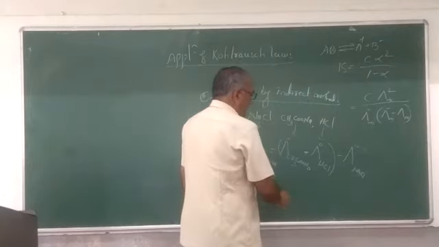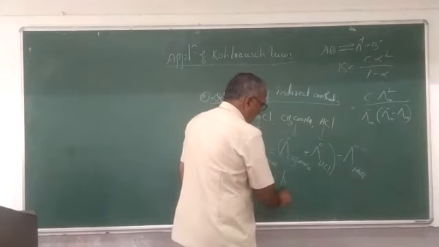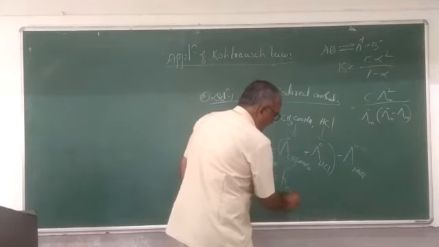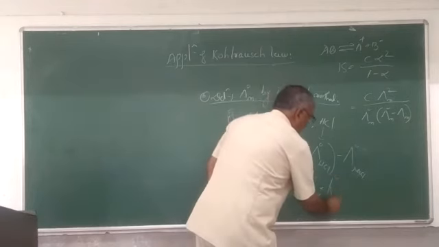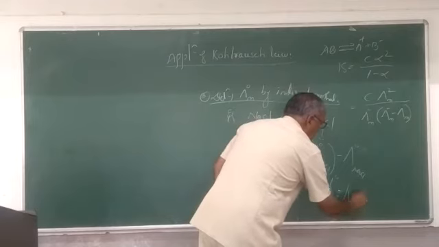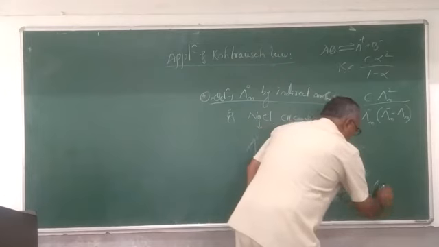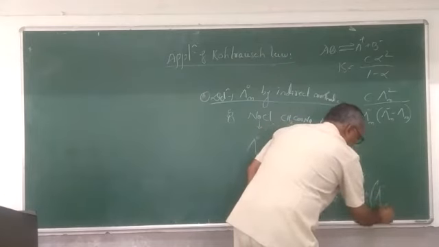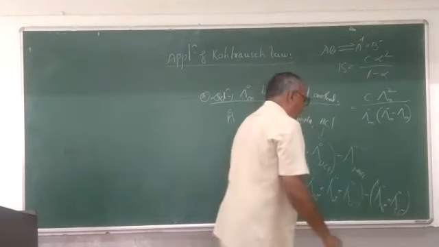Now according to Kohlrausch's law, the molar conductance is the sum of the contributions of the cation and anion. So for sodium acetate, sodium and acetate ions, for HCl, H plus and Cl minus, minus the molar conductance of sodium ion and chloride ion at infinite dilution.